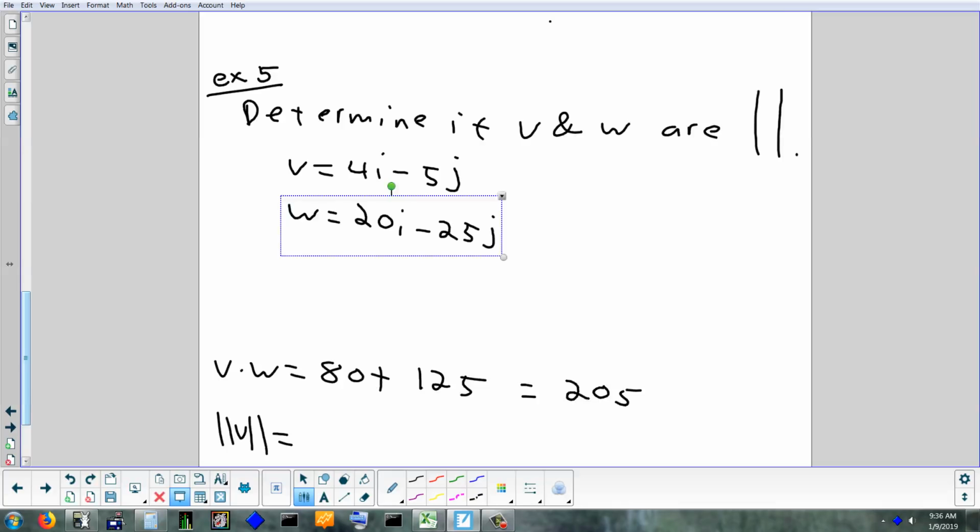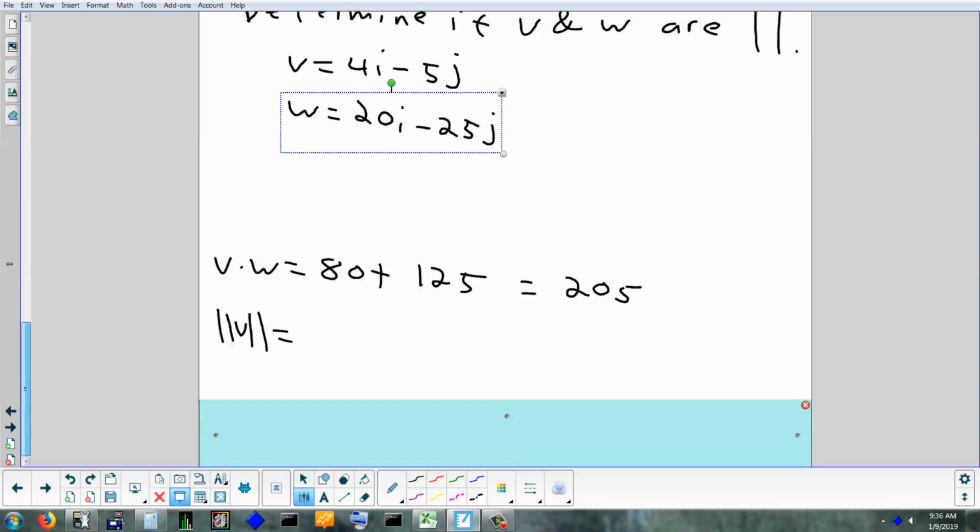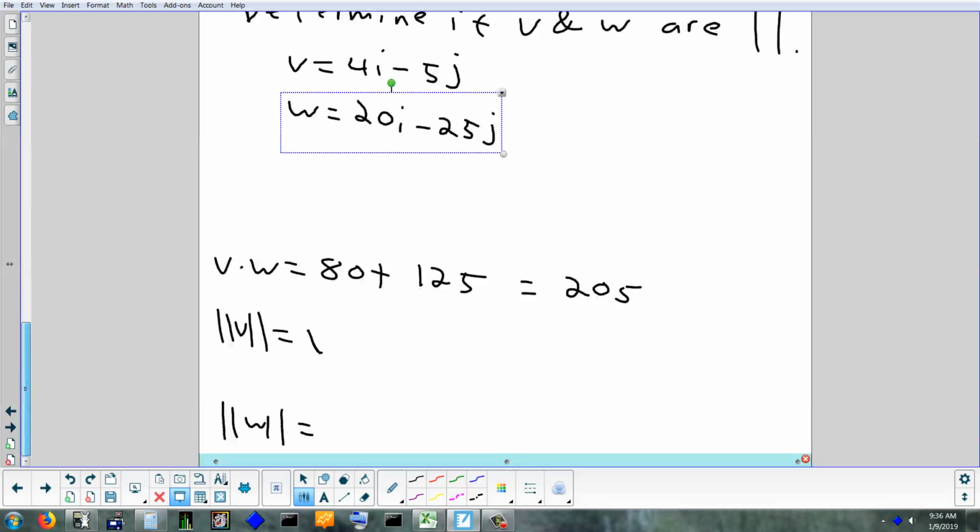All right, so they're definitely not perpendicular. The length of V, it's the square root of 16 plus 25. 4 squared, -5 squared. 16 and 25 is how much? 41. Yep. Square root of 41.